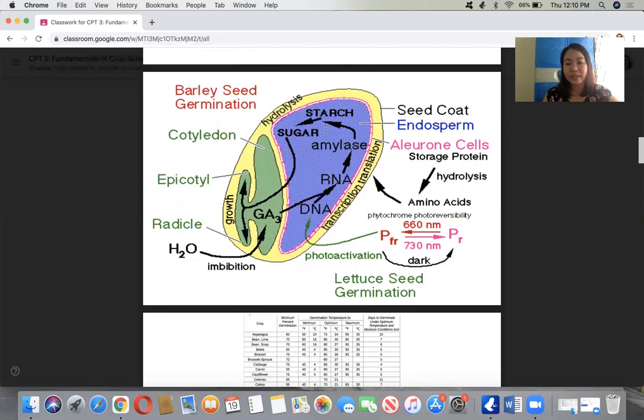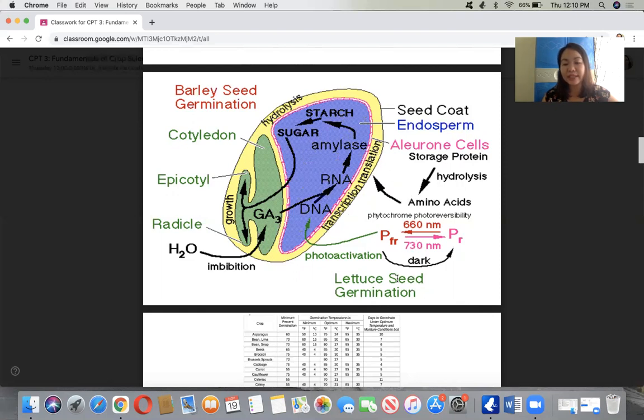This is also where, in the aleurone cells, the hydrolysis occurs, and GA3 is activated through transcription and translation.